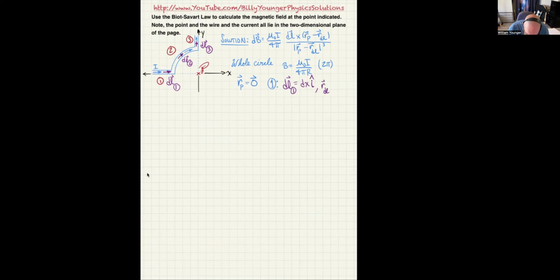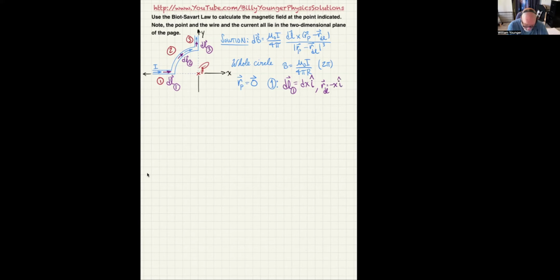But the RDL in this case, that's going to be a vector that points from the origin to the DL. I think you can see that that'll be some x coordinate long, specifically a negative x coordinate long, and it points in the negative x direction. So I'm just going to write negative x i hat.